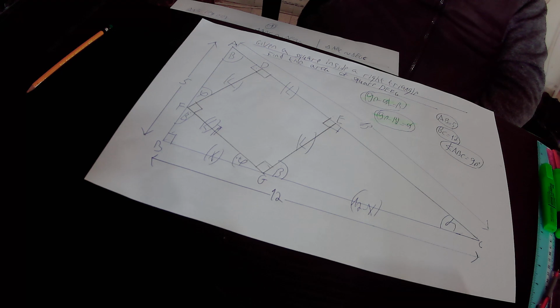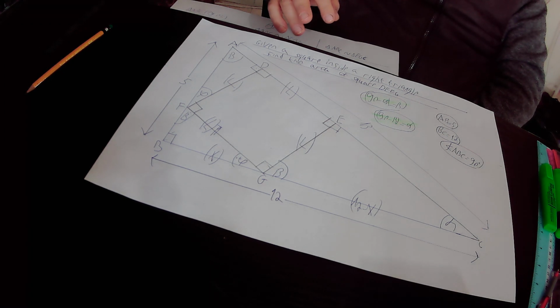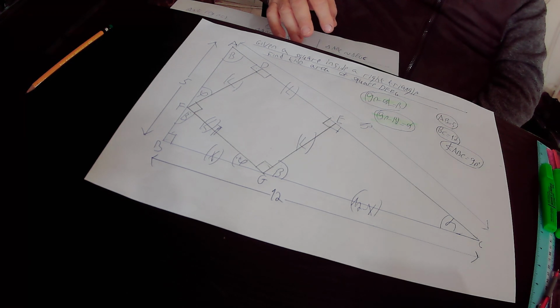Why? Because each right triangle in the drawing has the angles of alpha, beta, and 90 degrees. So all the angles of each triangle are correspondingly equal to all the angles of another triangle.